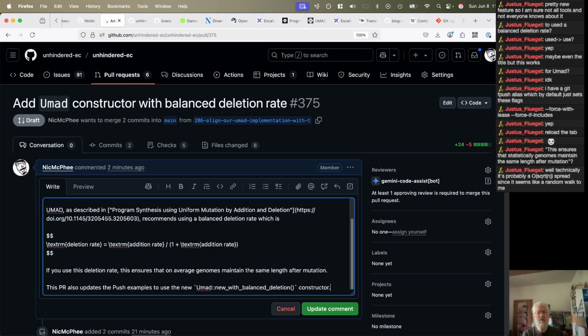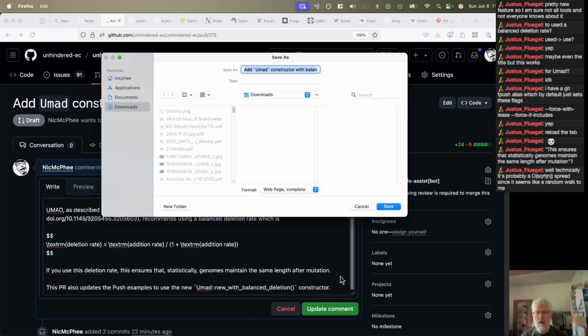It probably is modelable as a random walk. That's probably true. I'm not sure I understand. So are you making an argument that this really ought to say statistically rather than on average? Oh, out. Don't want to do that.